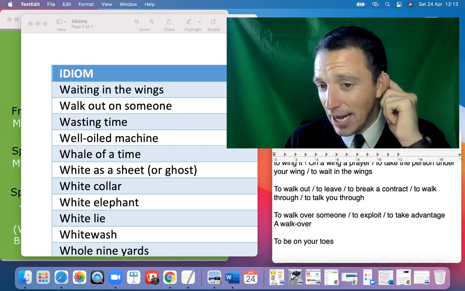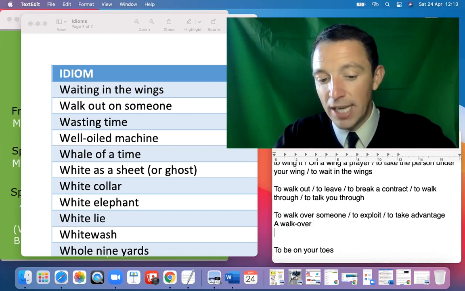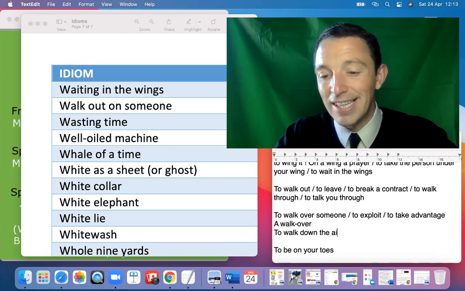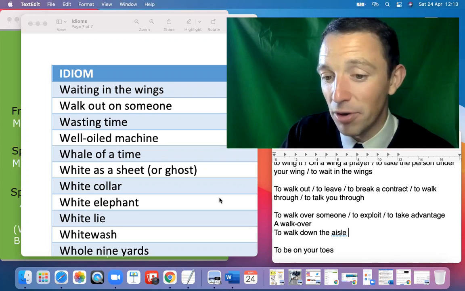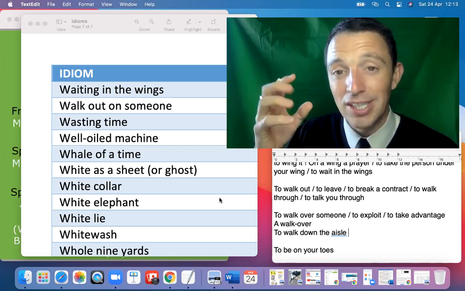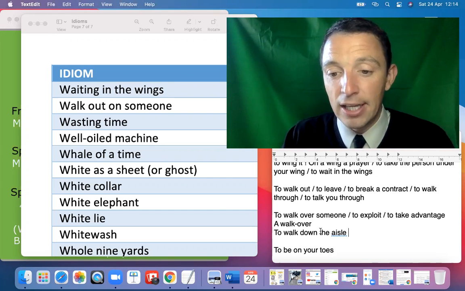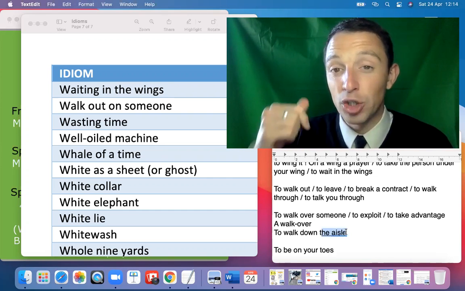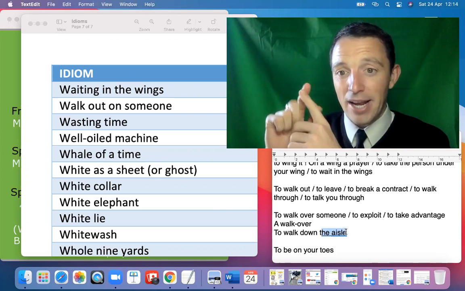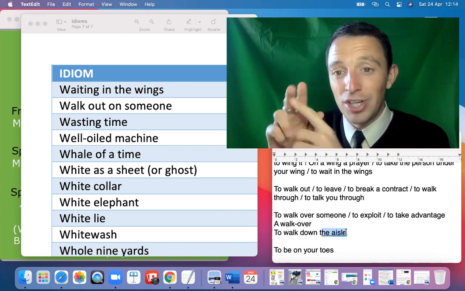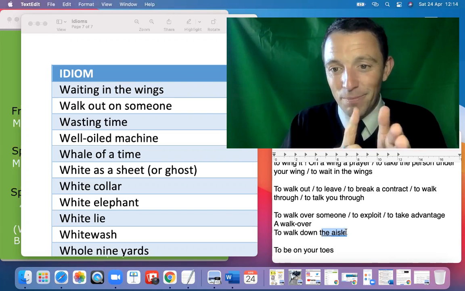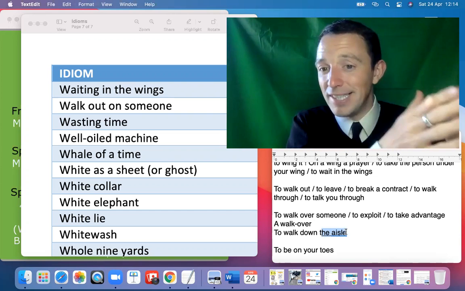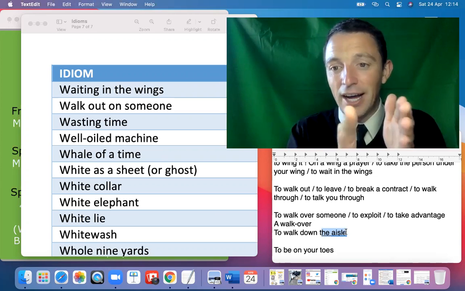And finally, we say to walk down the aisle. This is important vocabulary for the wedding. When the person gets married, the aisle is very specific vocabulary for the supermarket, for the airplane, and for the church. In the church, the aisle is the passage. You have people sitting on the side, and then you have the aisle.